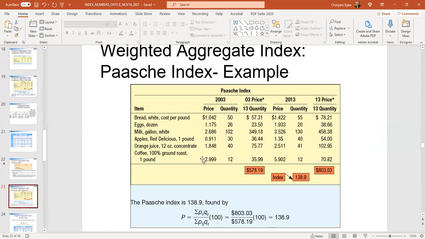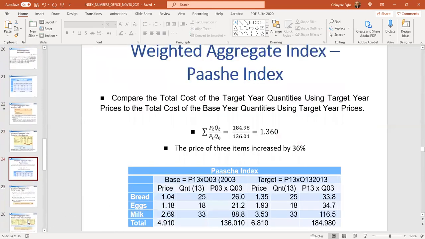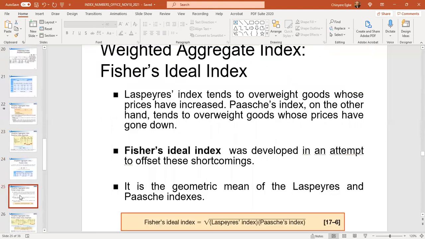The price of the future period and the quantities of the future period. And so the question is, if you had consumed the 2013 quantities in 2003, what would it have cost you in 2003, okay, compared to what it will cost you in 2013. And the answer is 38% more. Okay, and this is again an example that is different from what your book has.